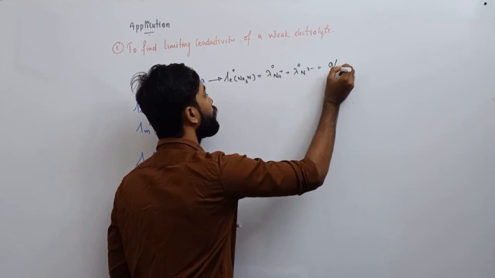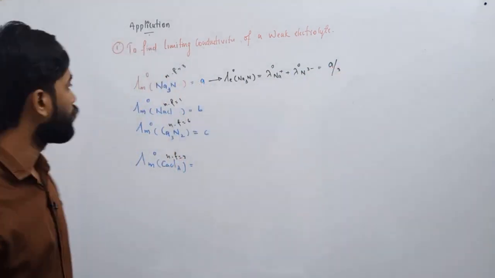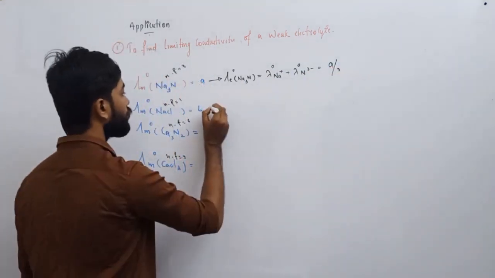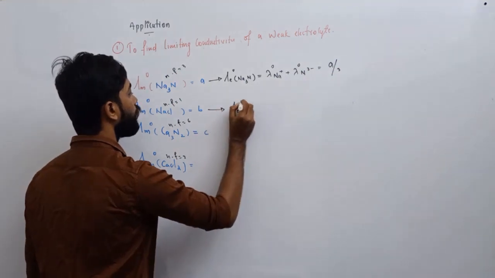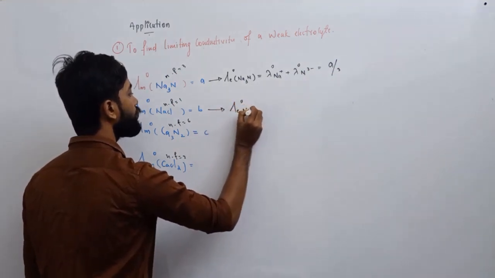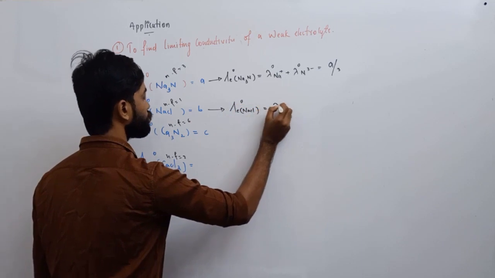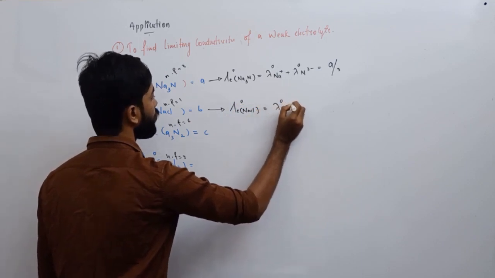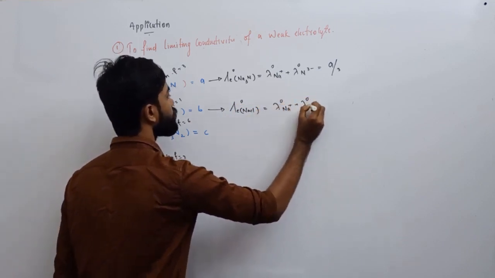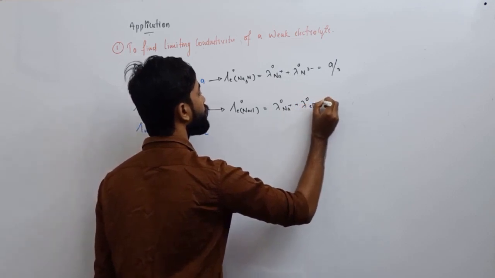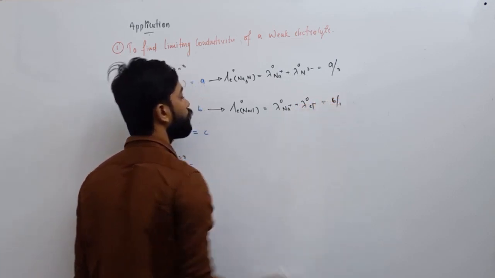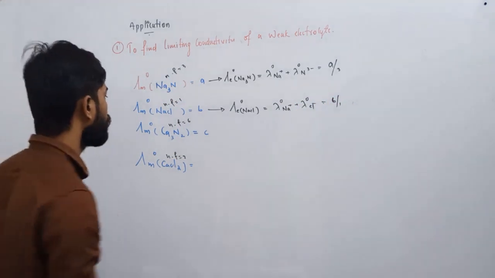That is molar conductivity divided by n factor, that is 3. Like here also, lambda 0 of NaCl, lambda 0 Na+ plus lambda 0 Cl-, and it will be equal to B divided by 1 because the n factor is 1.